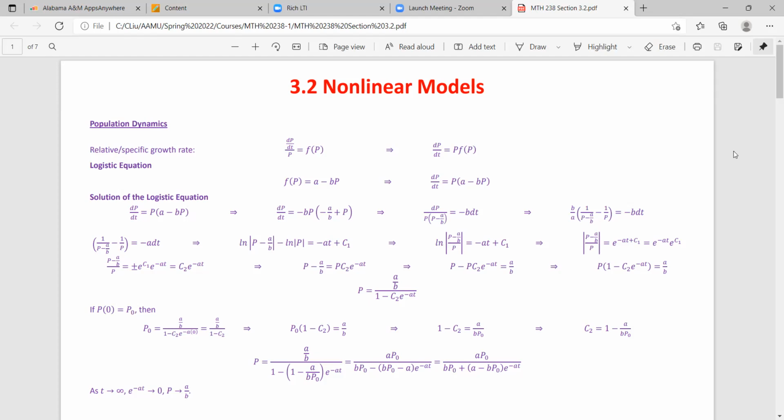Again, the partial fraction decomposition says you can decompose a fraction based on the factors in the denominator. So we have two factors in the denominator, P and P minus a over b on the left hand side.